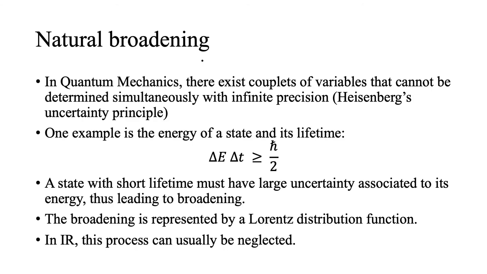If you call the error in measuring the position delta x, and the error in measuring the particle's momentum delta p, then Heisenberg's principle says that the product of these two uncertainties is always going to be greater than h-bar over 2. Always.